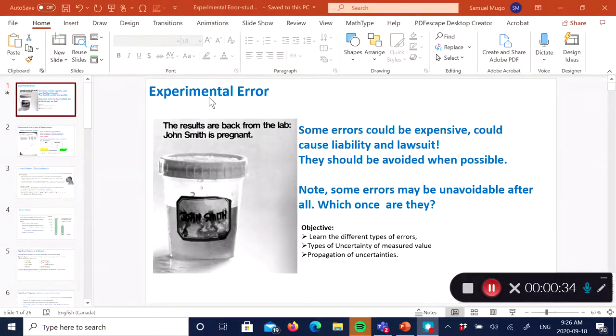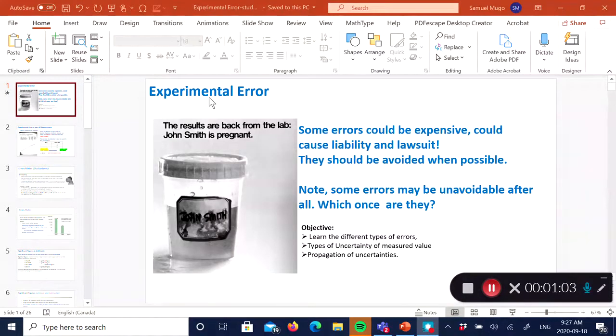Now, in history, you've had cases where analytical chemists or organizations they work for have suffered liability and lawsuits because of experimental errors. And so, in this lecture, we're going to talk about what experimental errors are, what can be avoided, and how they can be quantified.